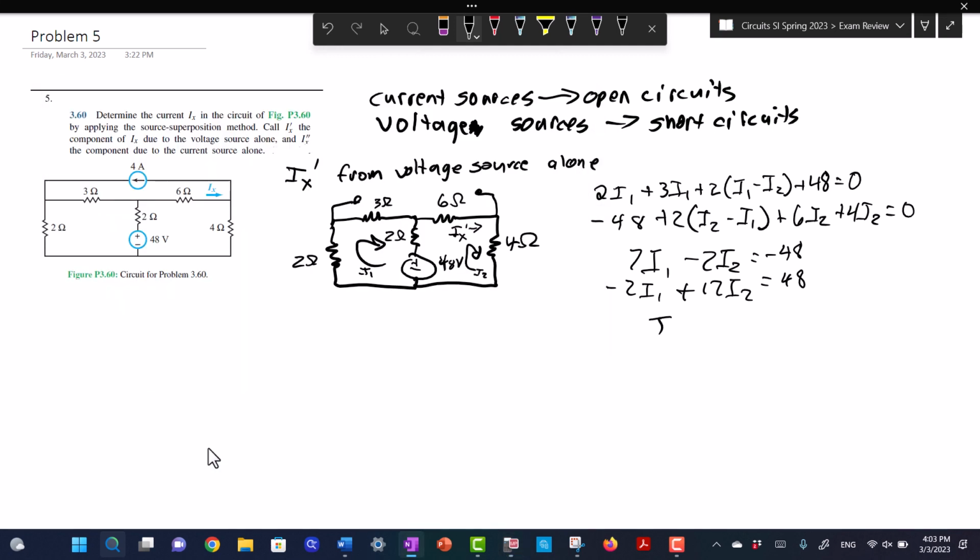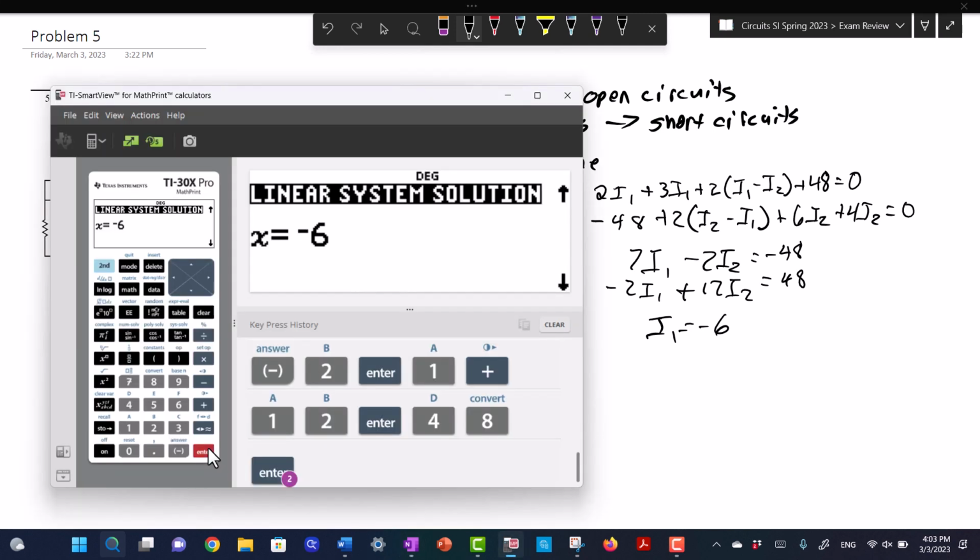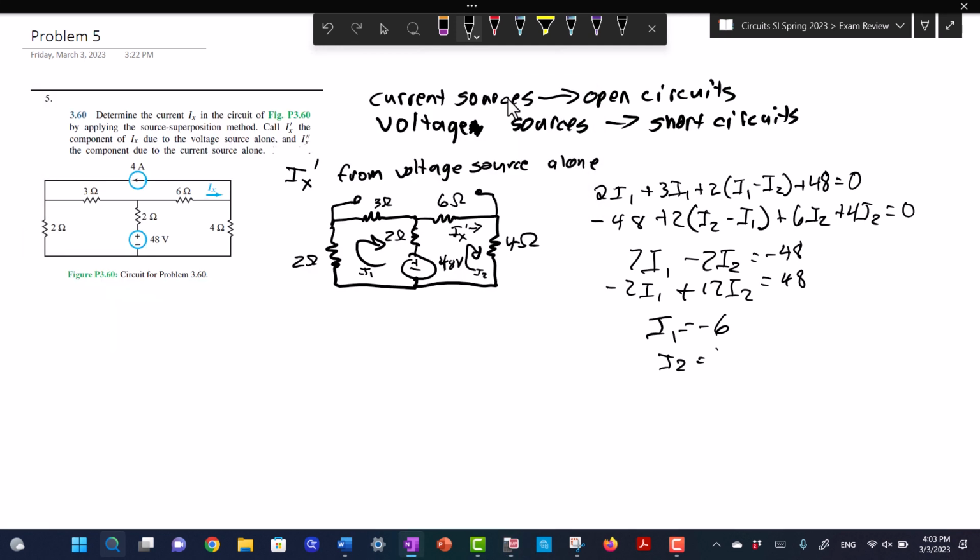And I get I1 equals negative 6, and I2 equals 3. Now, if you notice, I2 is Ix prime. So Ix prime from voltage source alone, that is I2, which is 3 amps.